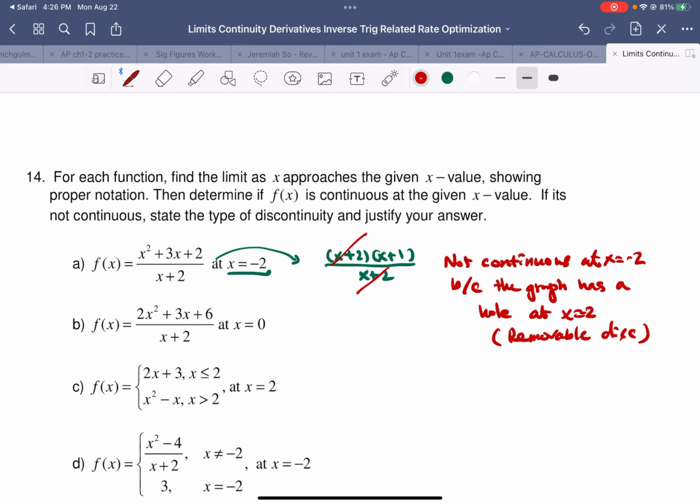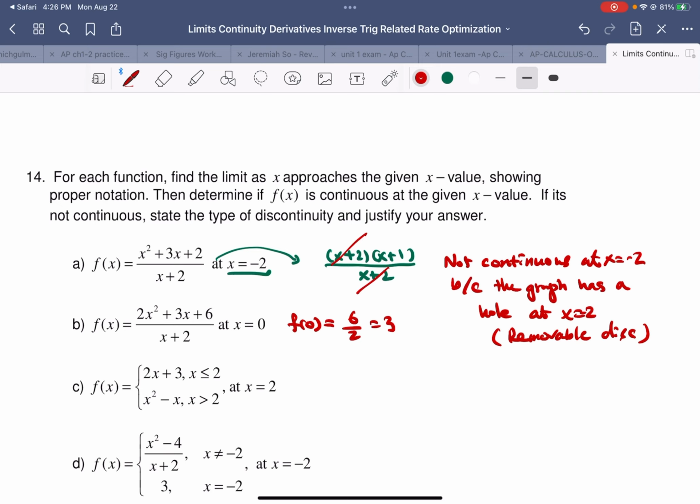Now, B, when you factor this one, hold on, you don't have to factor. When you plug in 0, see what happens. So f of 0 is basically 6 over 2, which is 3. Okay, so it's defined. And then the numerator and denominator are both polynomials, so there's no discontinuity.